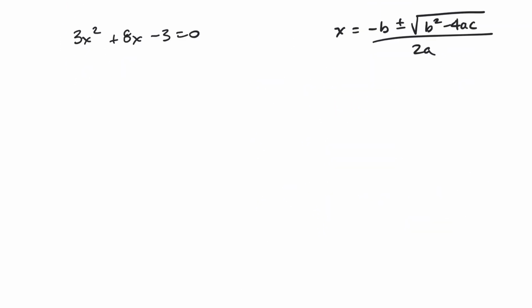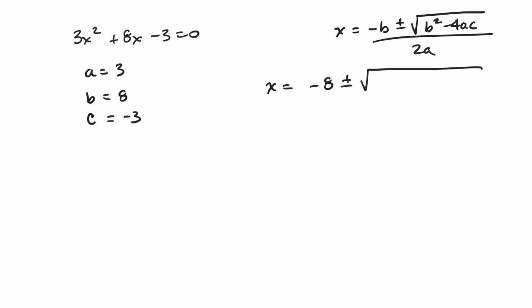We'll do one more here. And so remember, we've got a is equal to 3, b equals 8, and c is equal to negative 3. Take those and we'll plug them into the quadratic formula. So the solution for x with those coefficients will be negative 8 plus or minus the square root of 8 squared minus 4 times 3 times negative 3, over 2 times 3.